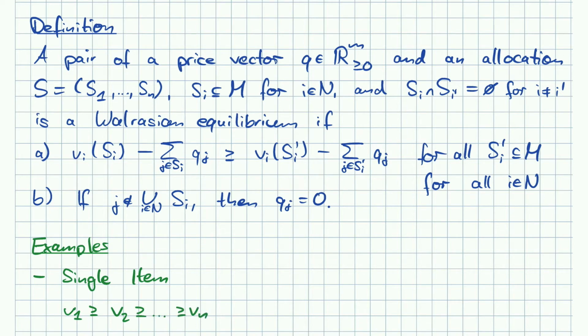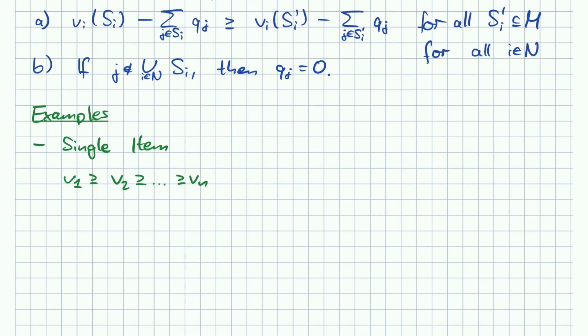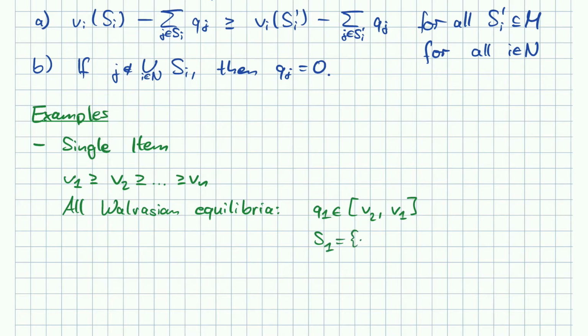So the players are ordered by decreasing value. Now, all Walrasian equilibria are as follows. We'll have a price somewhere between V2 and V1 for the item, and player 1 is getting the item.